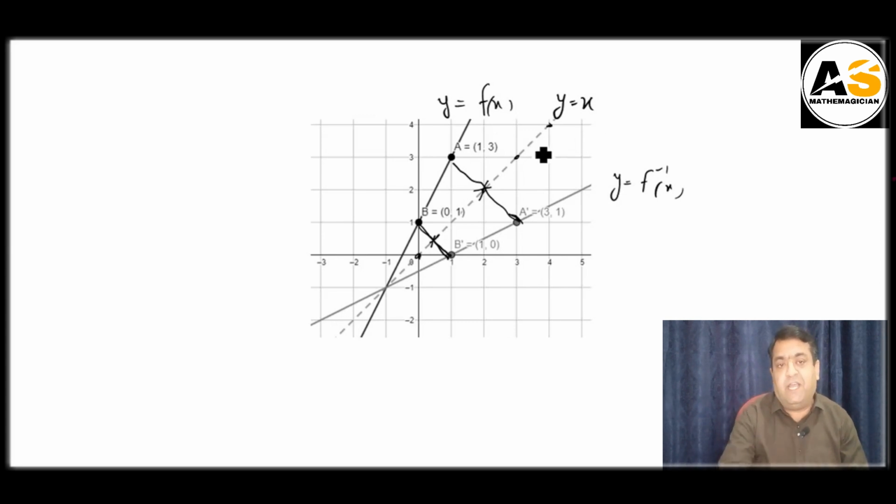If we take the y is equal to x line as a mirror, these two graphs are images of each other in that mirror. So it's very easy for us to find the graph of an inverse function if we know the function's graph.